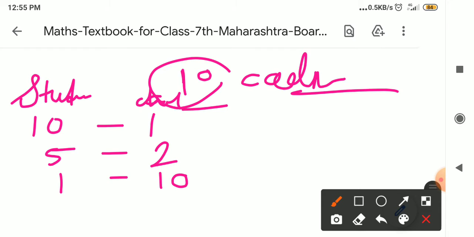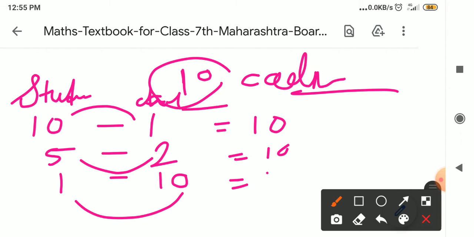Here you will notice that if you multiply these two terms, 10 ones are 10, 5 twos are 10, and 1 into 10 is 10.